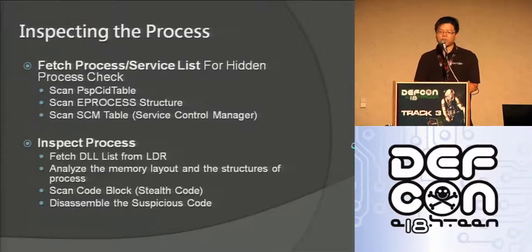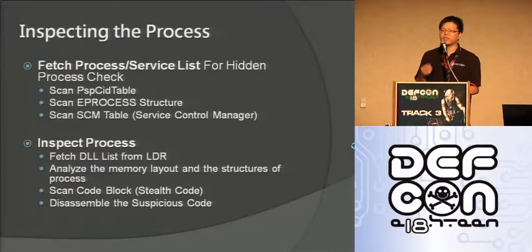And we find a difference between these two lists. To fetch the processes, we scan all the following tables, as you can see up here on the slides. By doing this, we identify the hidden processes and the processes that are very suspicious.